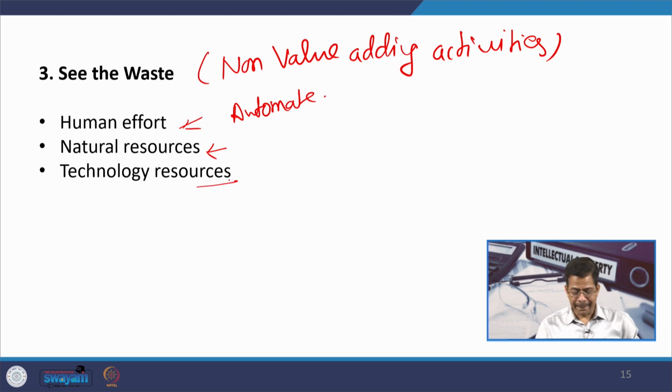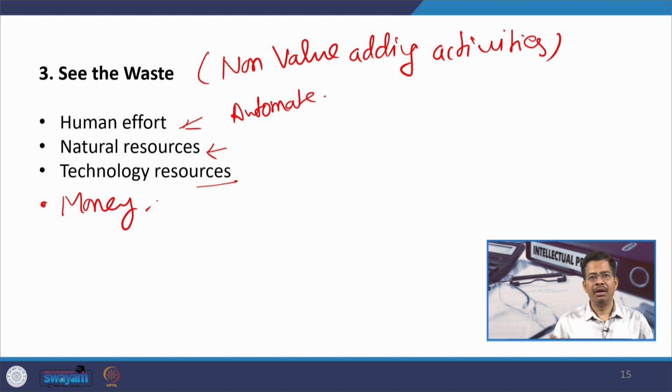Technology resources. We are having all these computers and high end peripherals. Whether we are using these technological resources for the appropriate purpose or not, you can add more into the list. Monetary resource, money wastage, whether we are wasting the money, and can we do some solutions.